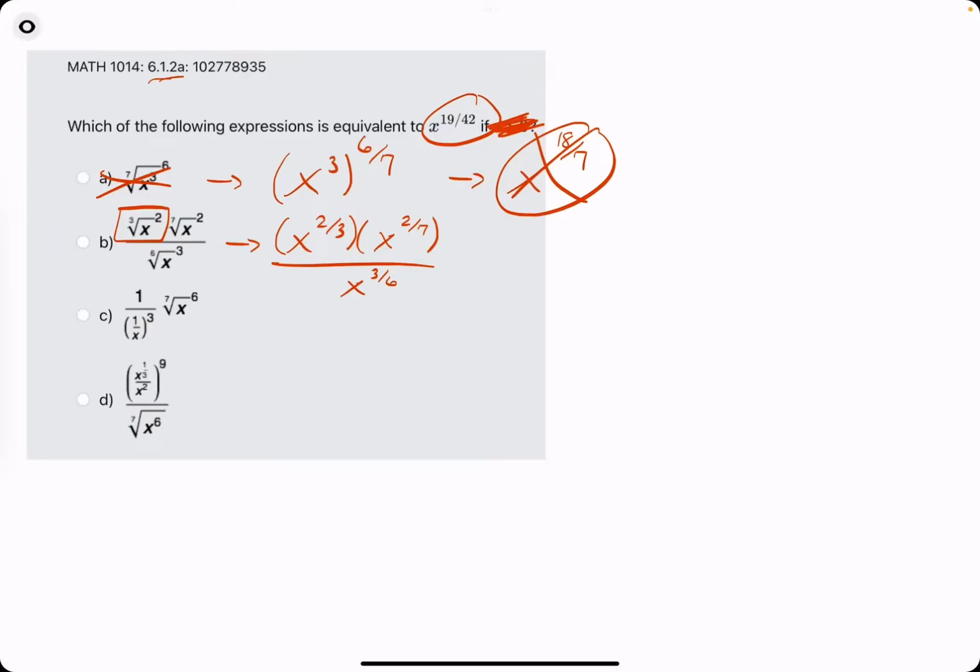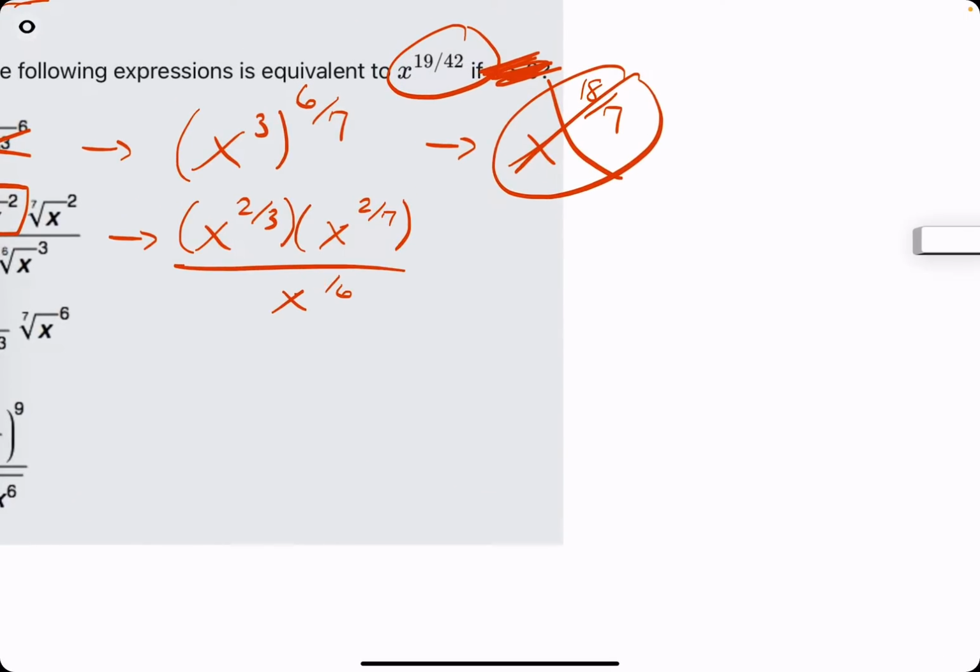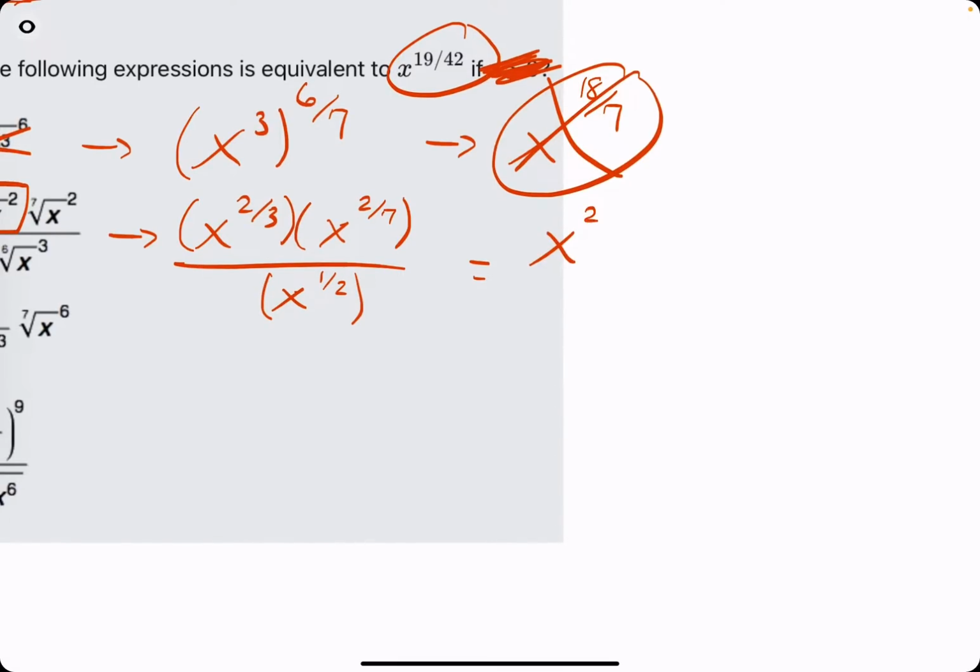If we can simplify anything, go ahead and simplify it. 3/6 is equivalent to 1/2. If we have 2 x terms on top multiplied by one another with different exponents, we can combine them by adding their exponents. So 2/3 plus 2/7, and that's all over x to the 1/2.